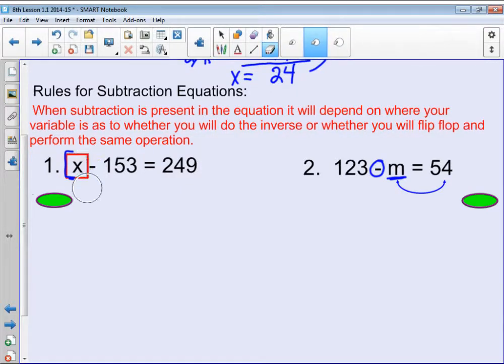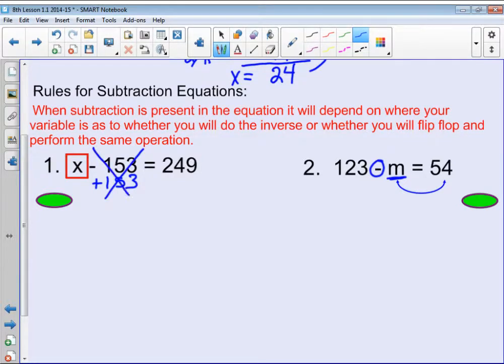Well, if I were to keep the same operation and subtract 153, that would give me a smaller number on the right-hand side. But I just said that I needed a larger number where x was, because that's what I was used to when I was younger. So I'm still going to use that same philosophy. To get a larger number, well, it was subtraction, so the opposite is going to be to add 153.